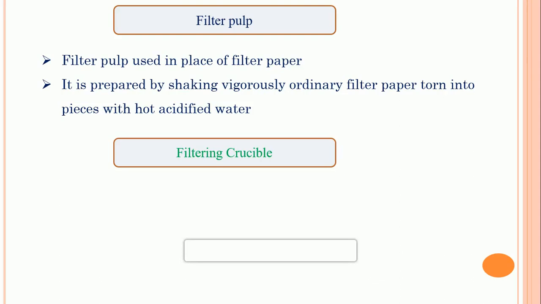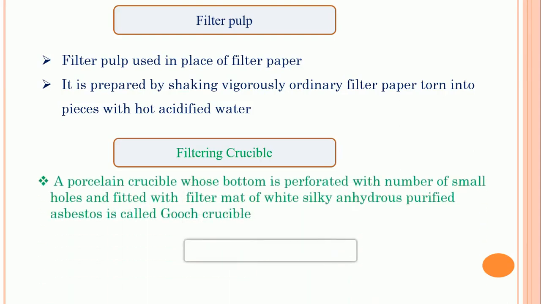Now see what a gooch crucible is. A porcelain crucible whose bottom is perforated with a number of small holes and fitted with a filter mat of white silky anhydrous purified asbestos is called a gooch crucible, or simply a crucible.